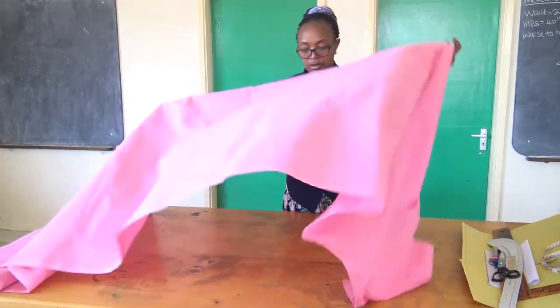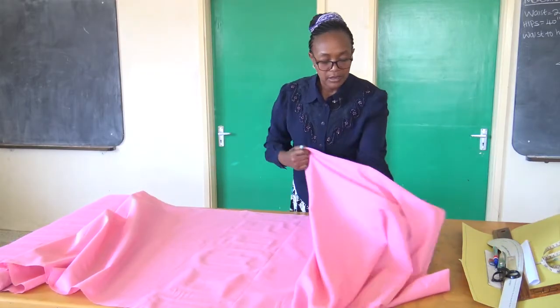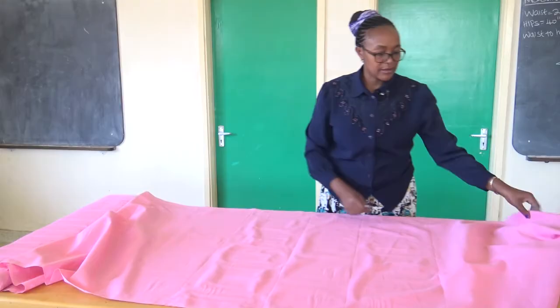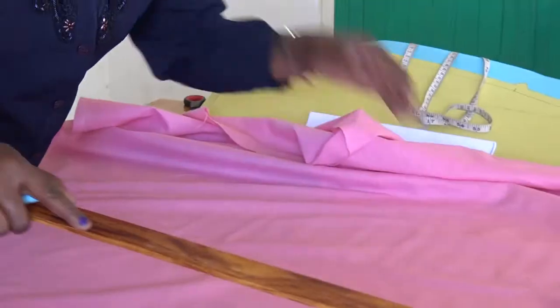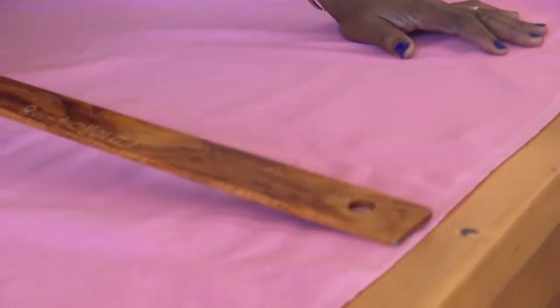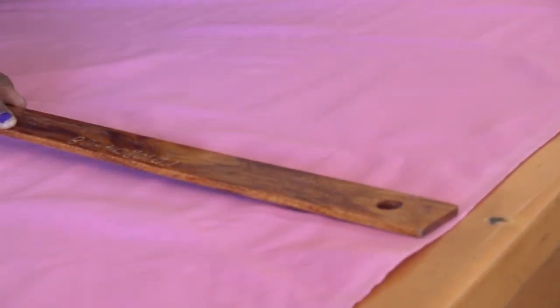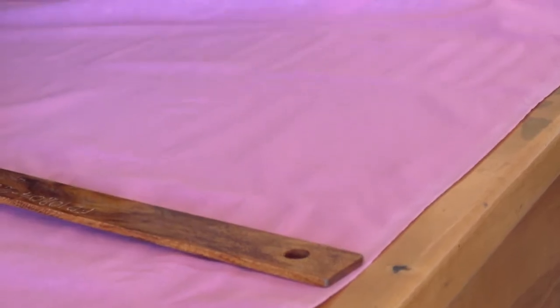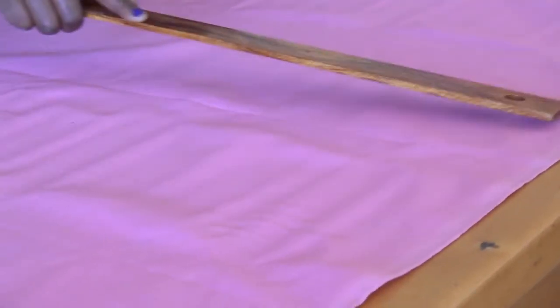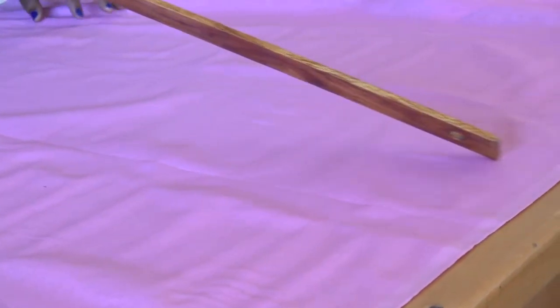So, this is my fabric, and the fabric has different grains. From this part, it is important to note that there is a closely woven fabric. This is the selvage. It is the selvage which runs parallel to the straight grain. So when you cut along this grain, this is a straight grain.